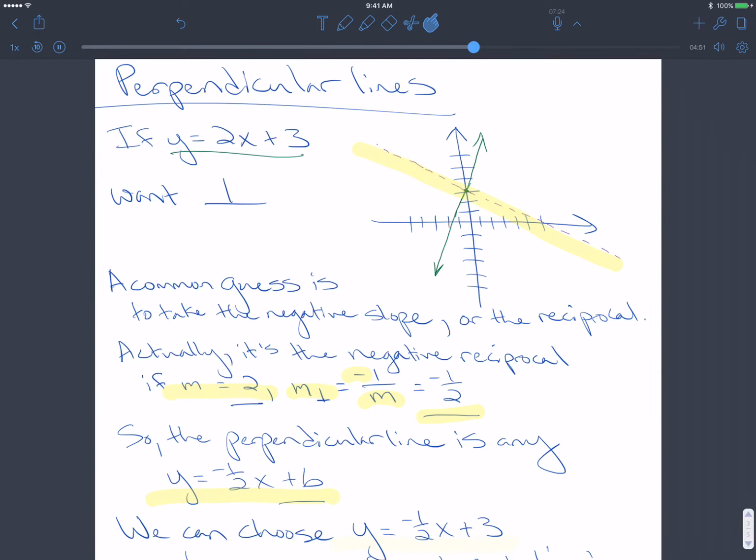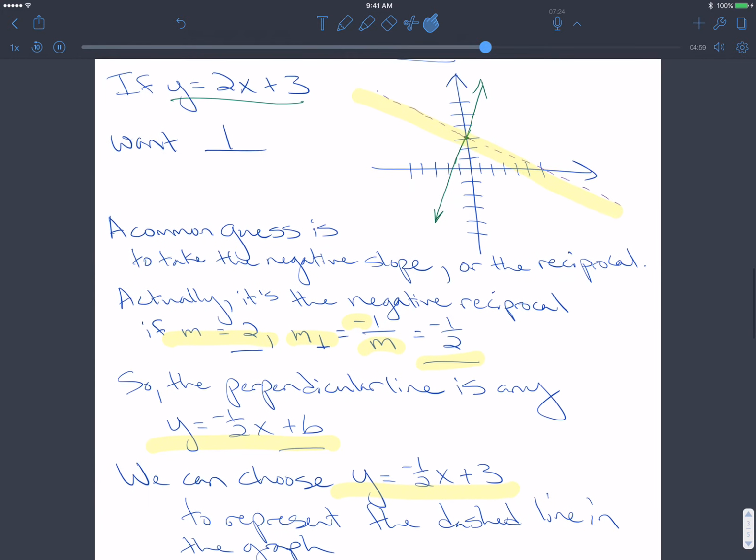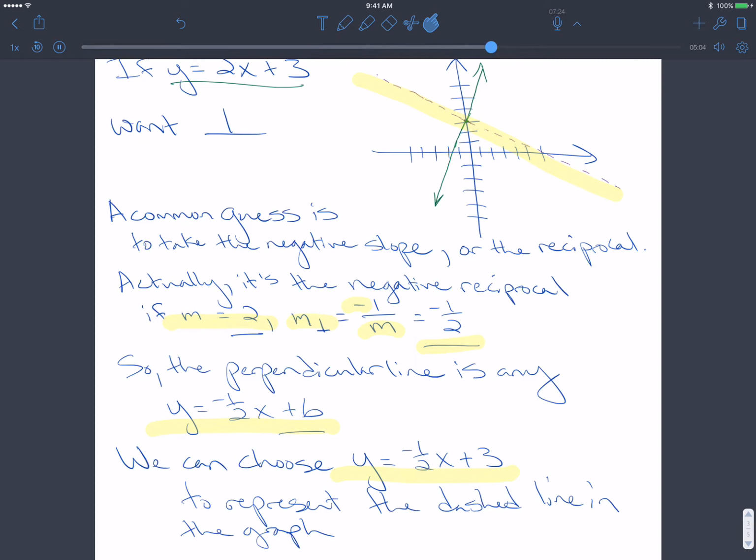So b can be anything. Now, if we choose to make it go through the same y-intercept, we may select the same b, which would be y equals negative 1/2 x plus 3. That should be exactly that dashed line that is in the graph above.